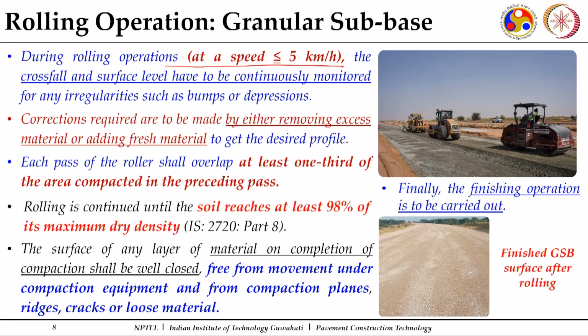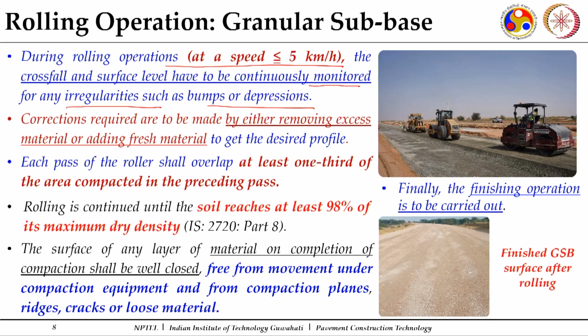So, here it becomes very important to ensure this. It says the cross slope and surface levels have to be continuously monitored for any irregularities such as bumps or depressions, because that should not happen with any of these granular subbase courses.